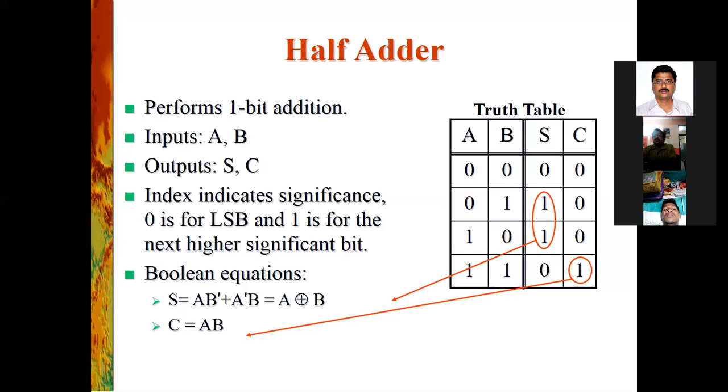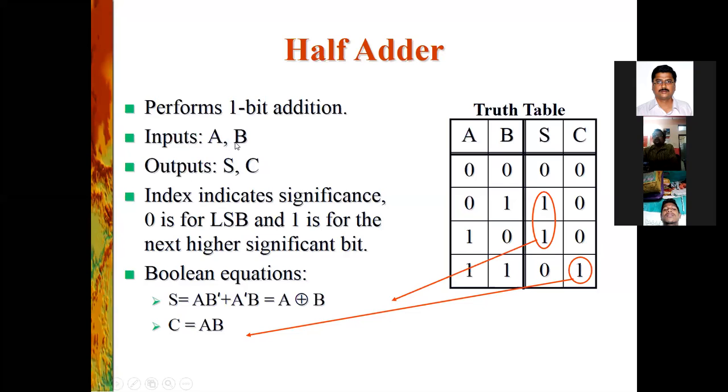Or simply, if there are n number of inputs in a binary number combination, then the total number of combinations will be 2 power n.